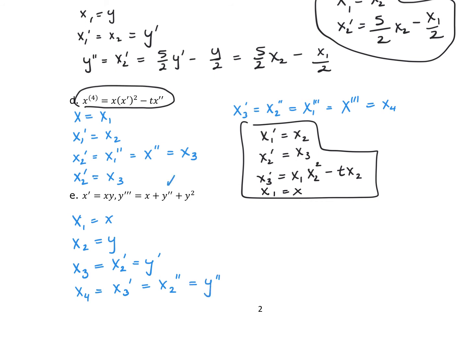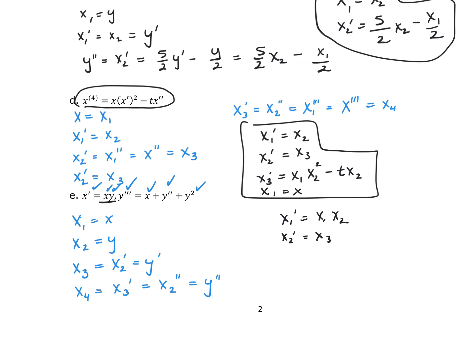Now I've got a replacement for this, and this, and this, and this, and this, and this. And so what I've got are my equations: x sub 1 prime is equal to x sub 1, x sub 2. That comes from right here. x sub 2 prime, which is equal to x sub 3.